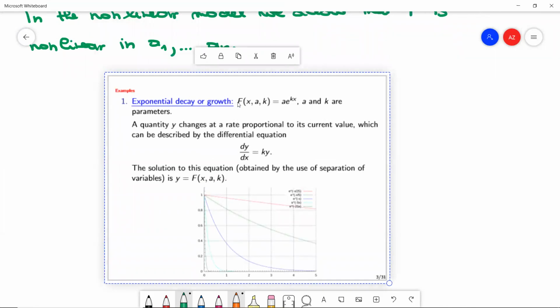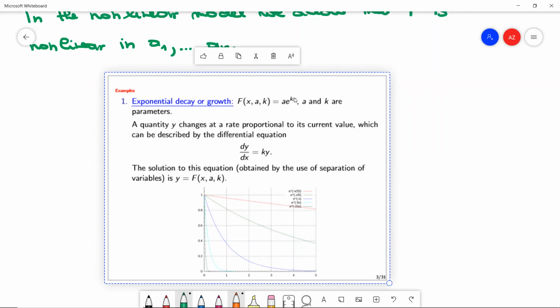In this example, f is a function of two parameters, a and k. x is our first coordinate of the data points, and the function f is of the form a times e to the power of kx. So it's some exponential function. This a determines the slope, and this k determines the width of our exponential function.